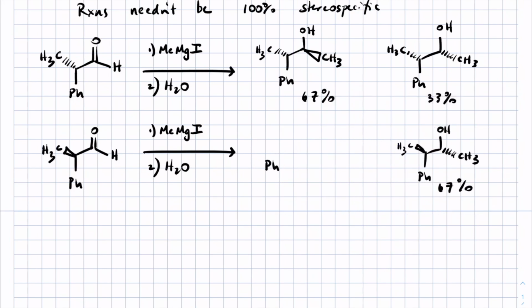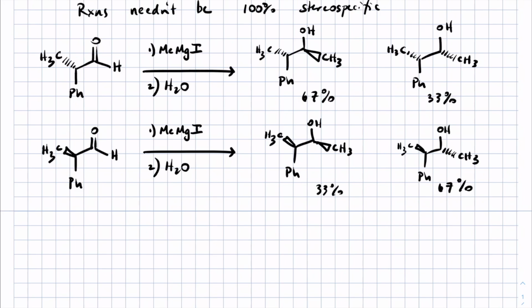Whereas the smaller stereoisomer is the one where methyl Grignard adds from above. So what you see here, the reason this is called stereospecific is because when you switch stereoisomers, you get a flip in the ratio, okay?